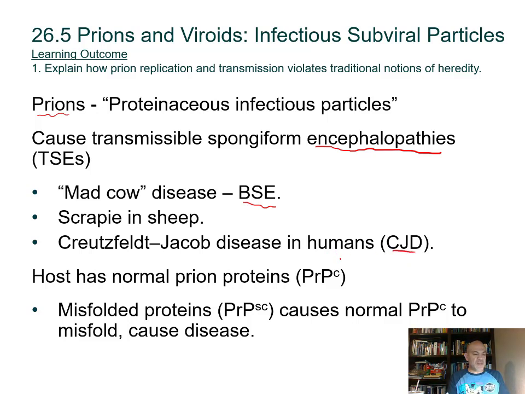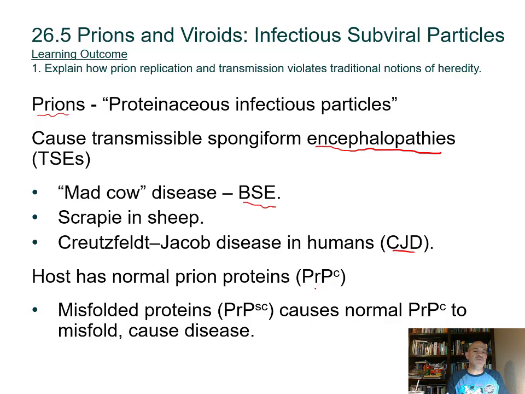Now here, the key is that there's a protein itself that causes the disease. What happens here is that there are normal proteins found within cells of the nervous system, within nervous tissue.